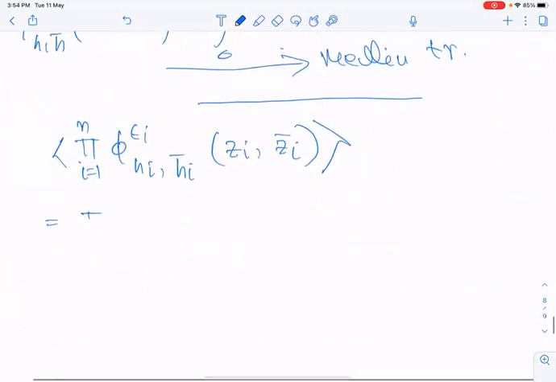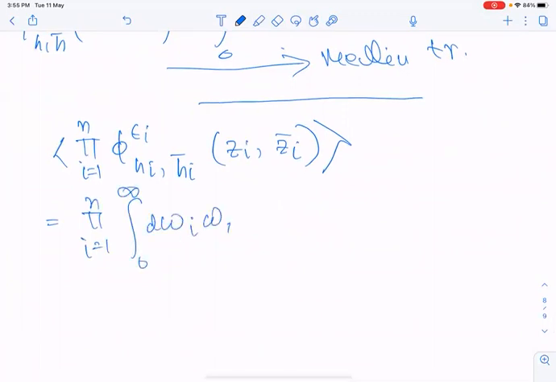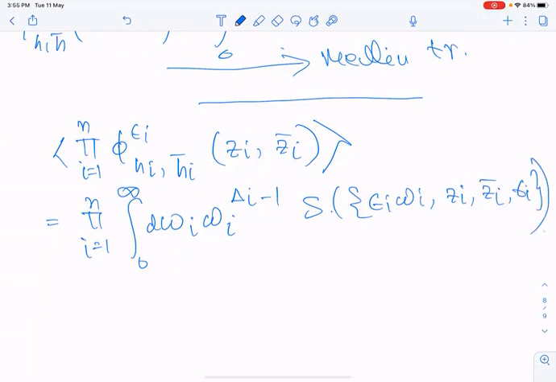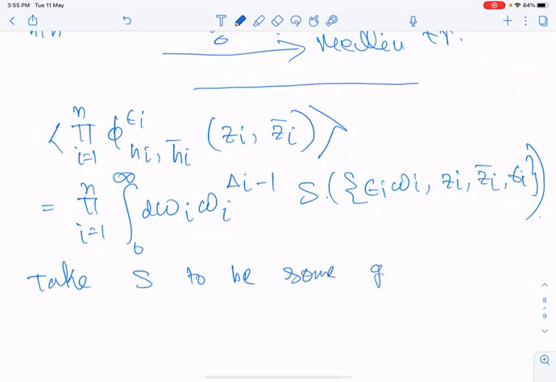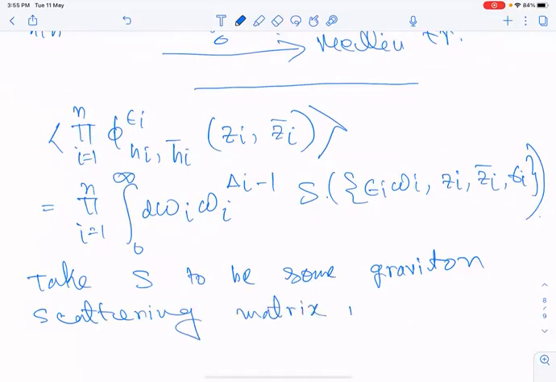Now this transformation which we have here does not involve these coordinates, and this S matrix. Now suppose you take S to be some graviton scattering matrix in GR.